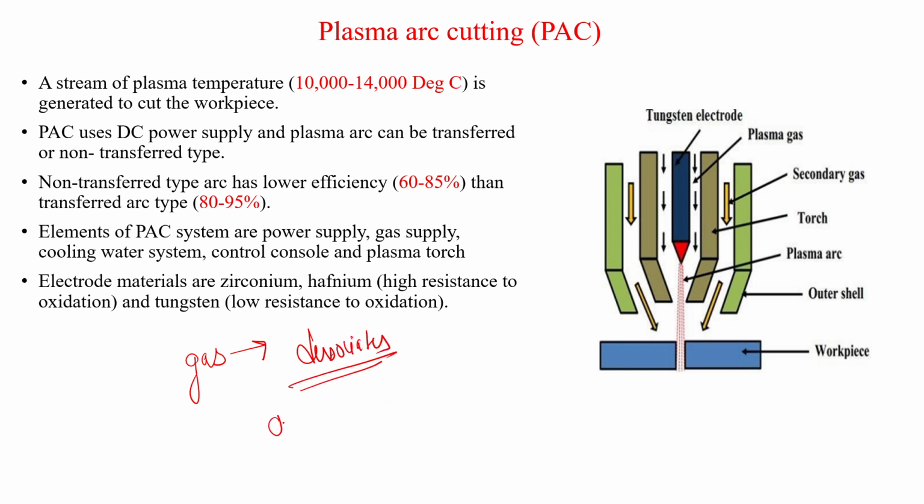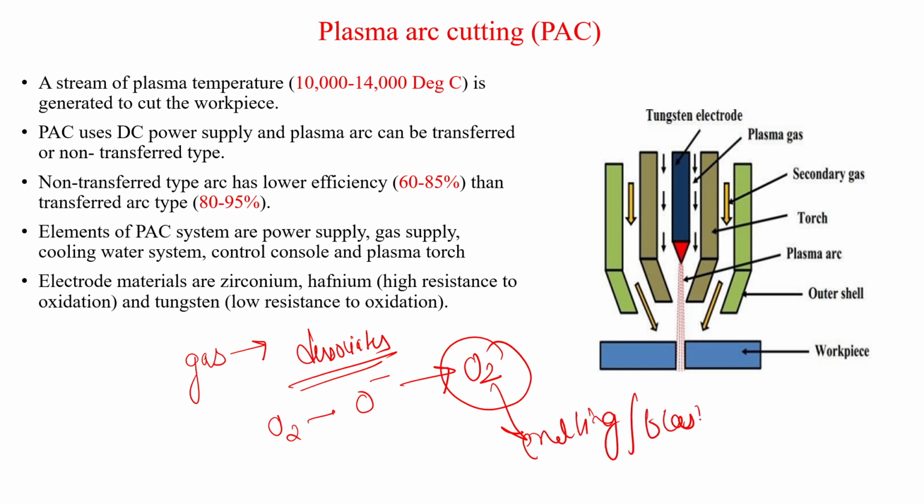For example, O2 dissociates into O plus and O minus, and then because it becomes unstable, it tries to combine again, and because of that melting and evaporation happen, melting and blasting, and this leads to the MRR because of the plasma gas.